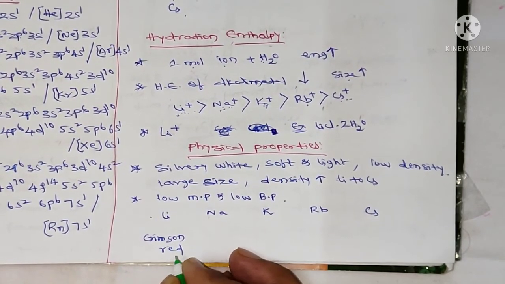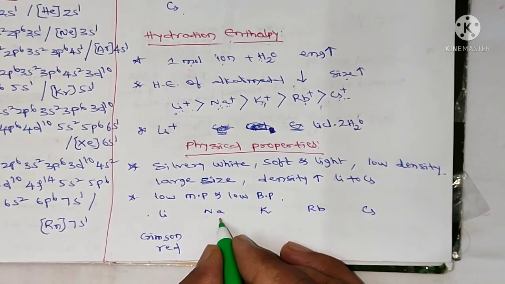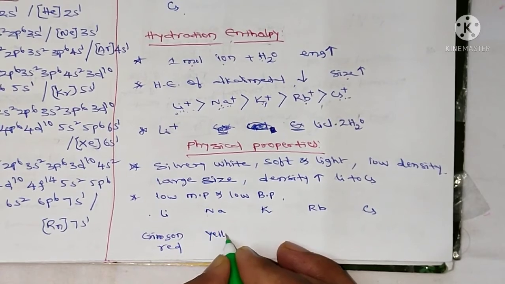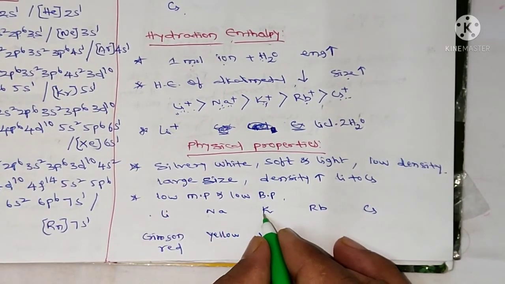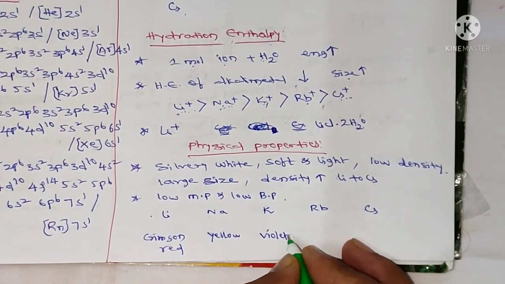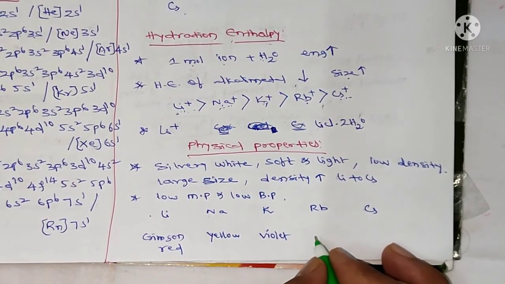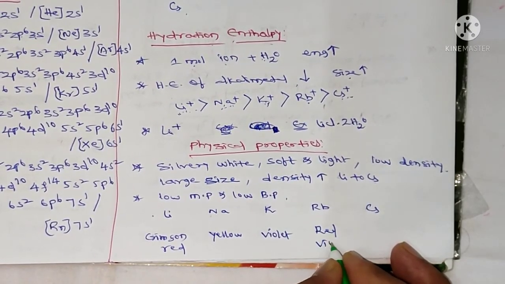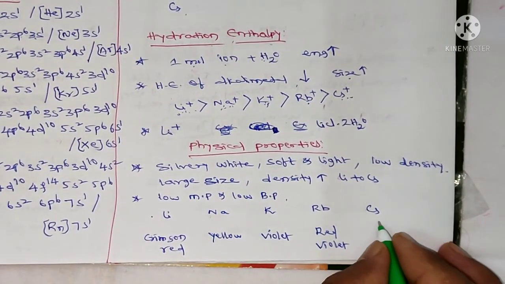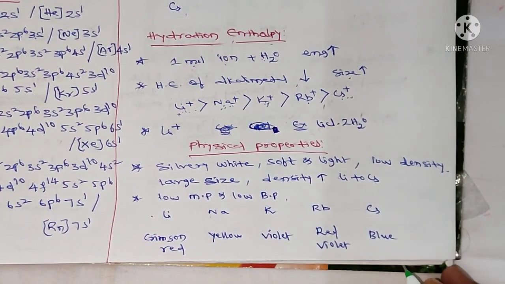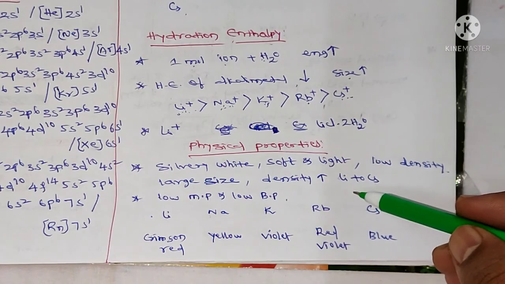When sodium is exposed to flame, it shows yellow color. Potassium shows violet color, rubidium shows red violet, and cesium shows blue color. So these are the physical properties.